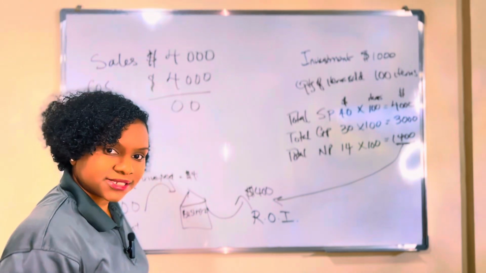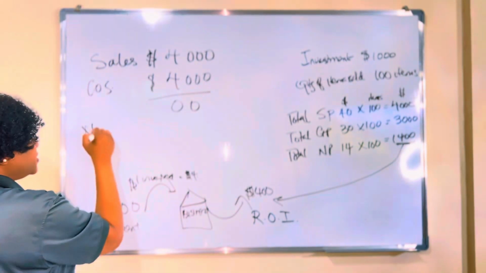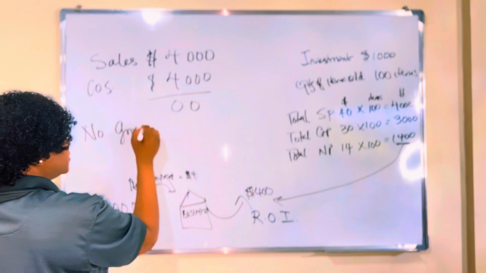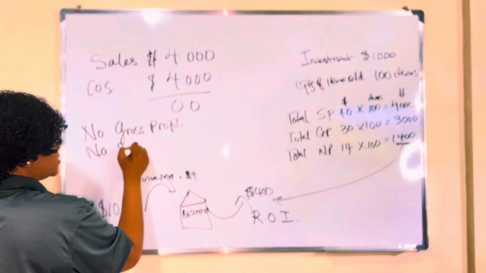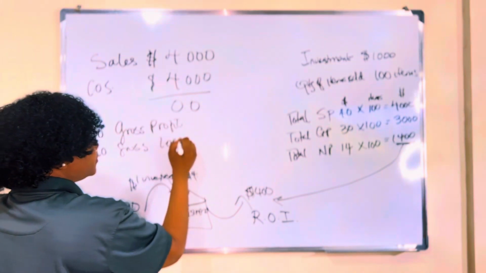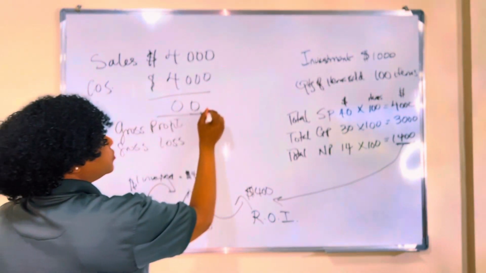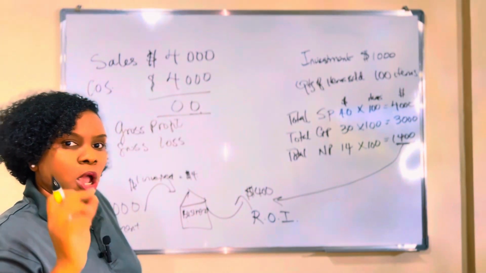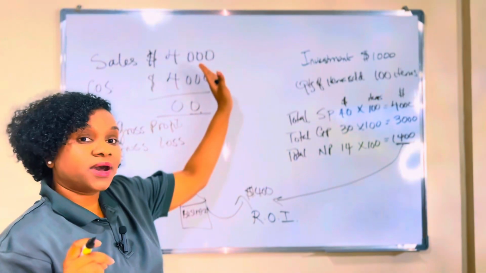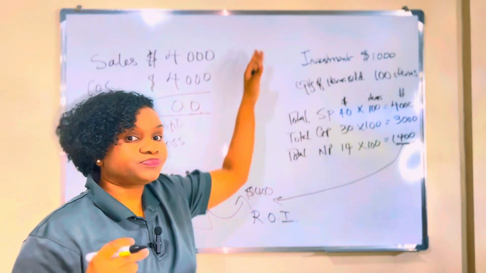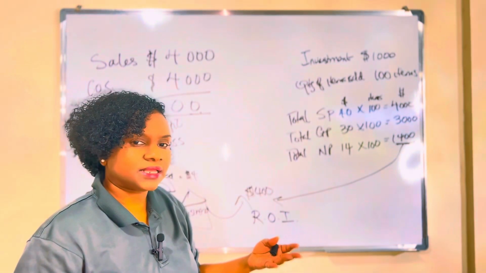No. Did you make a loss? No. No gross profit, no gross loss. So therefore, you have literally broken even. Exactly what you put in is exactly what you got out. That is what it means.